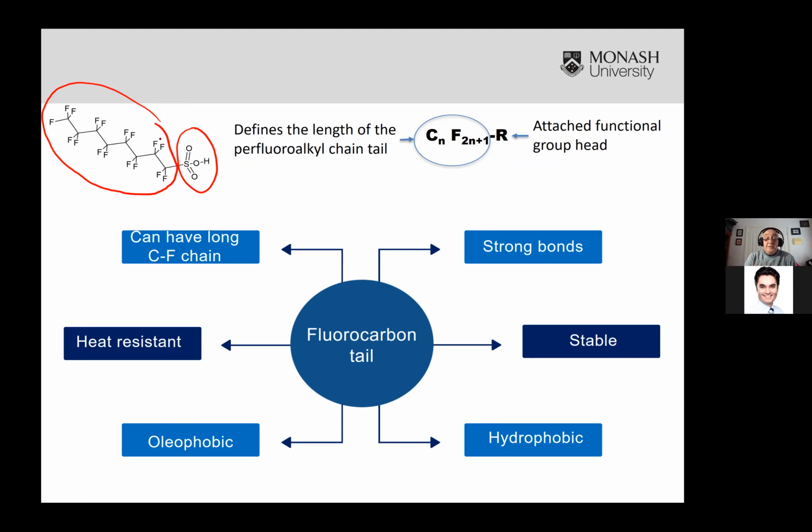It is heat resistant, and therefore it makes sense to see this product used in food packaging. And they can have a very long carbon fluorine chain. Now, don't confuse fluorine with fluoride. They are two different things. So these CF chains can go up to 12, 13, 14, and these were the old ones.